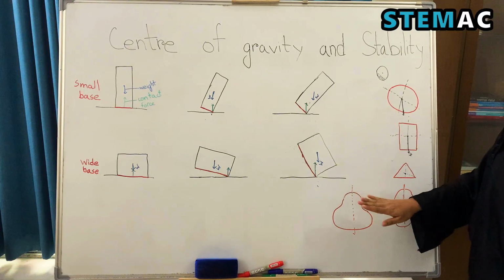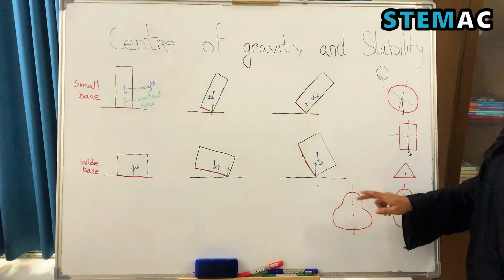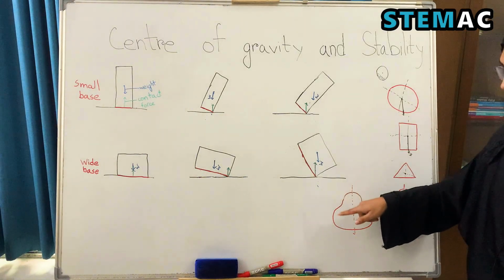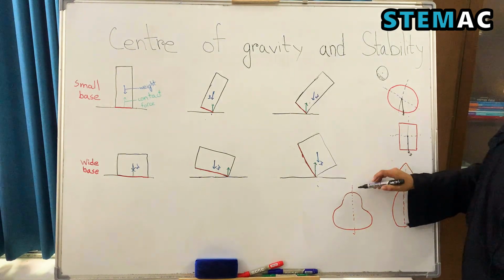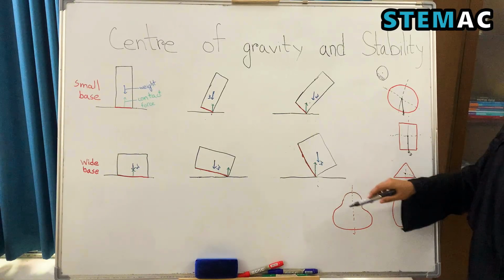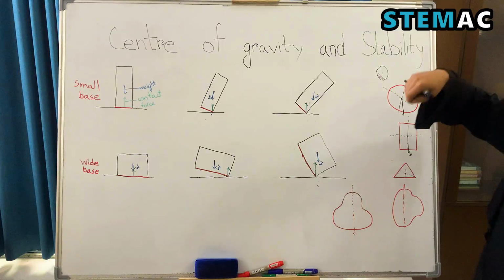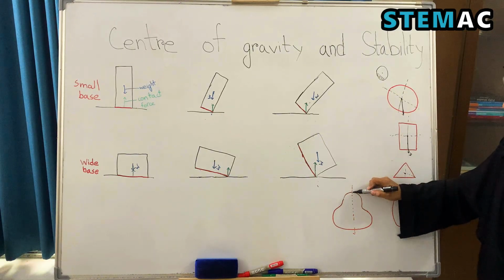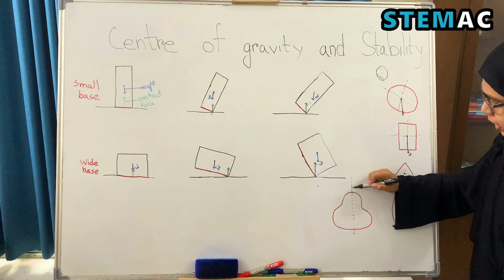It's a single plane, let's say paper, but it's not a rectangular shape. Its shape is like this. So we can suspend this object using a string.